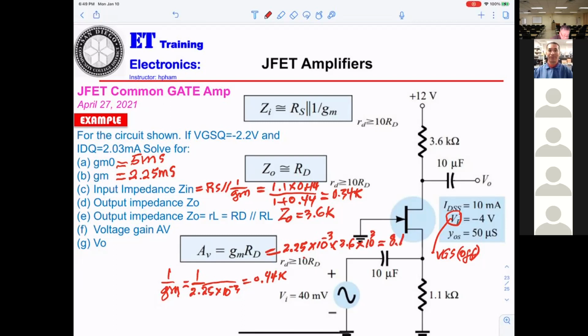Okay, VOUT. While you're doing that, can somebody tell me what you got for ZIN? You mean on number B, right? What ZIN? It's C. Mr. Pham has it, 0.34K. Right here. Okay. I've been hitting the wrong buttons.